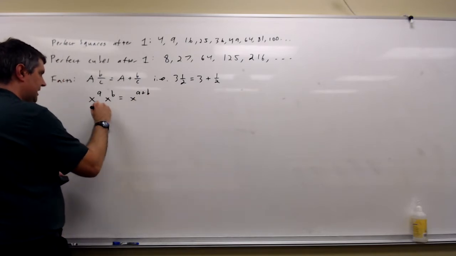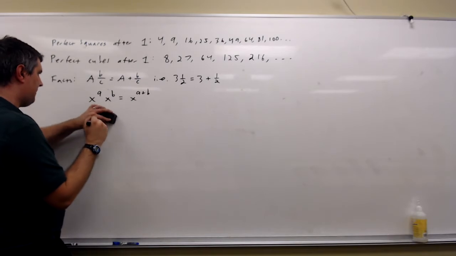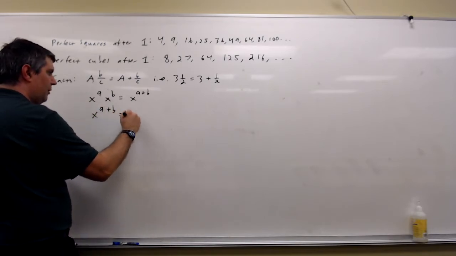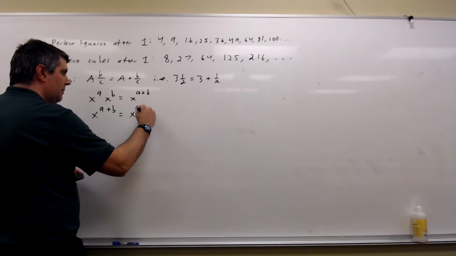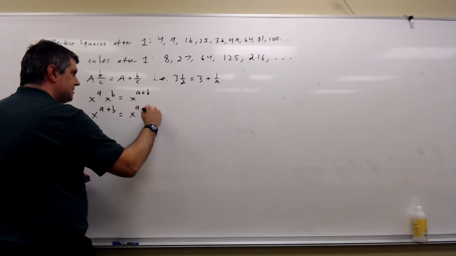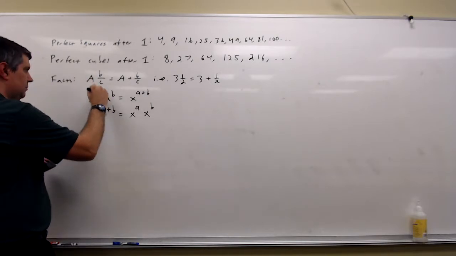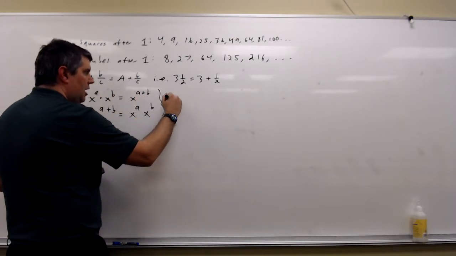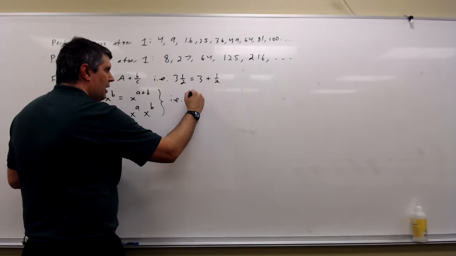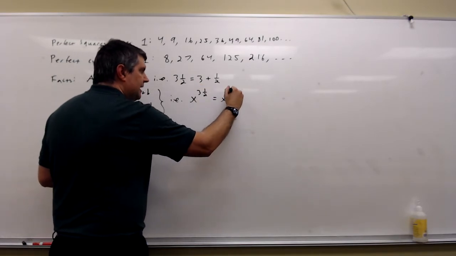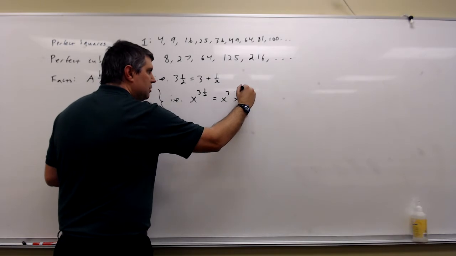And so x to the A plus B could be writable as x to the A times x to the B. I'll put a times dot between these two, i.e. x to the 3 1/2 could be written as x cubed times x to the 1/2.